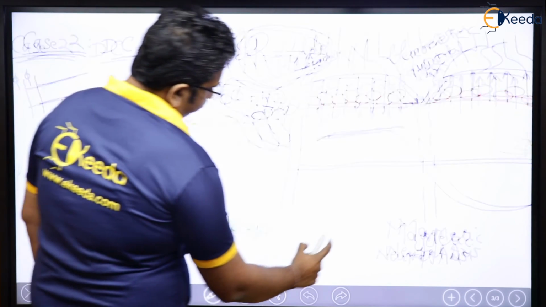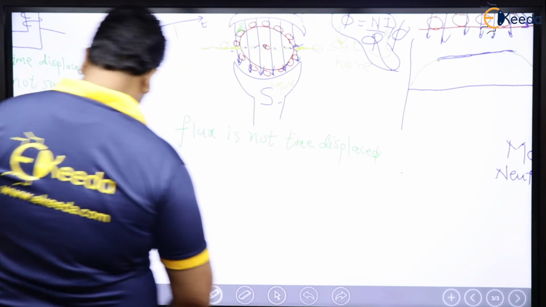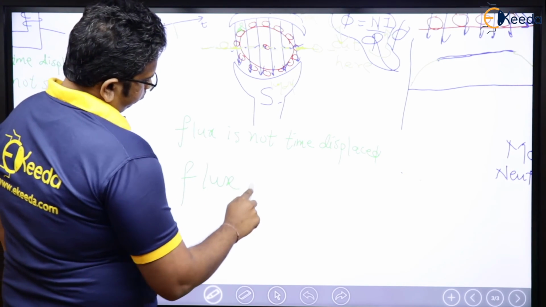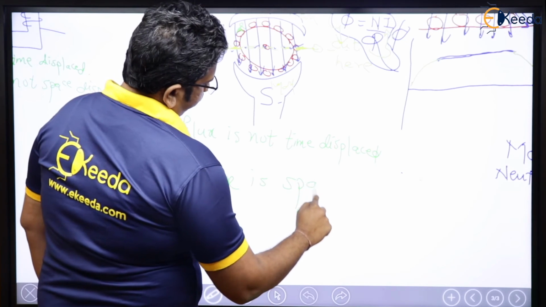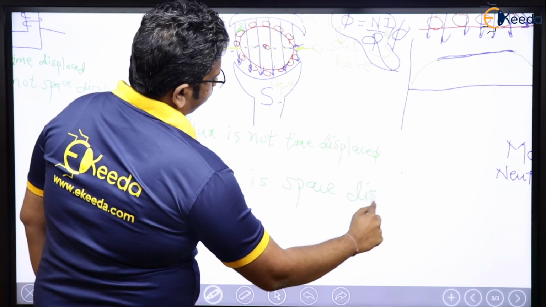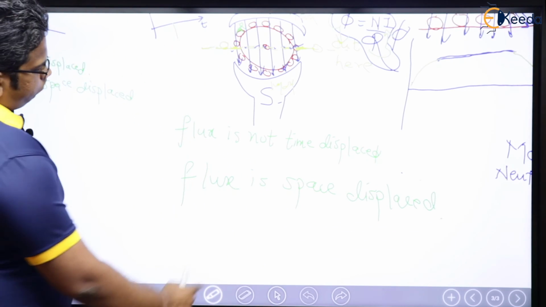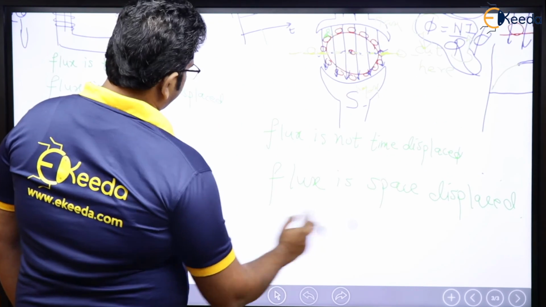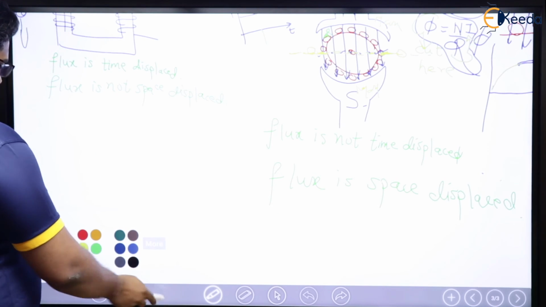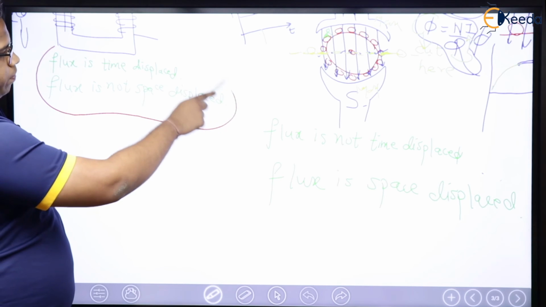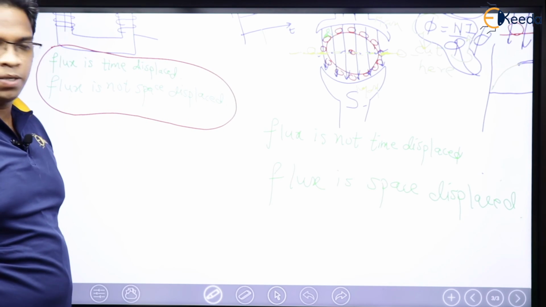So, conclusion. Now, compare both. Flux is time displaced, and flux is not space displaced in the case of a transformer.